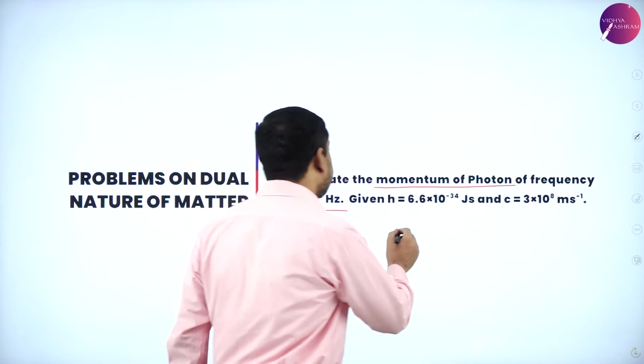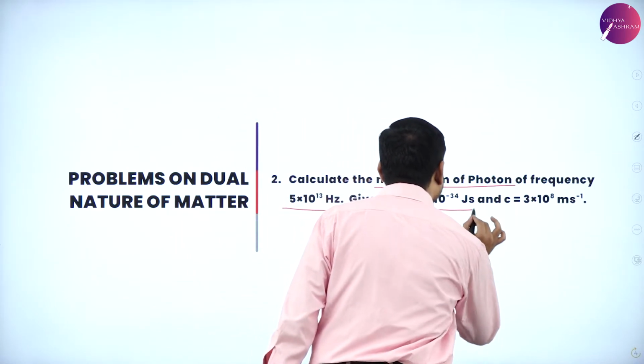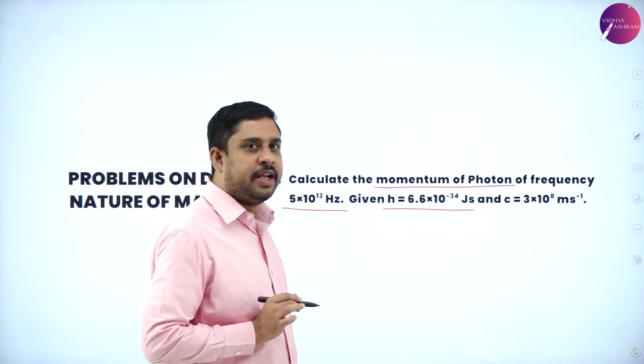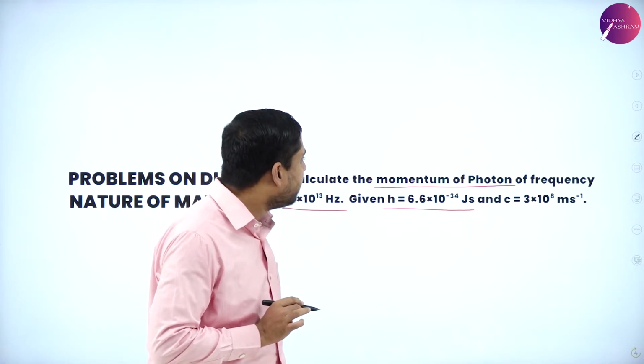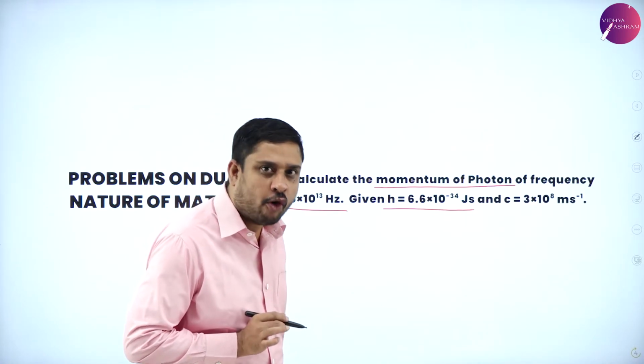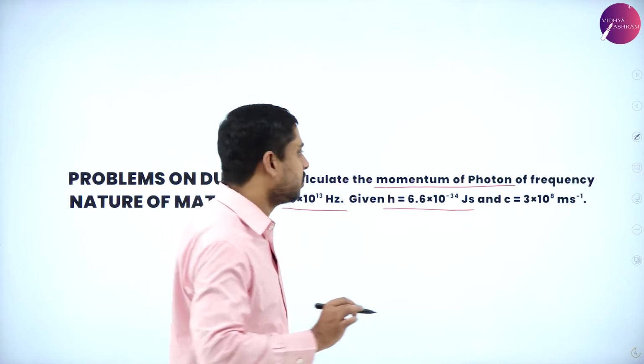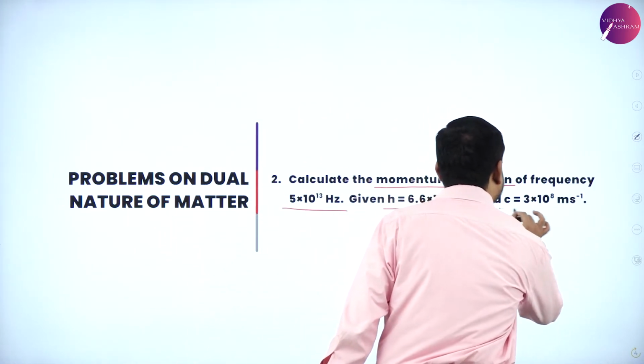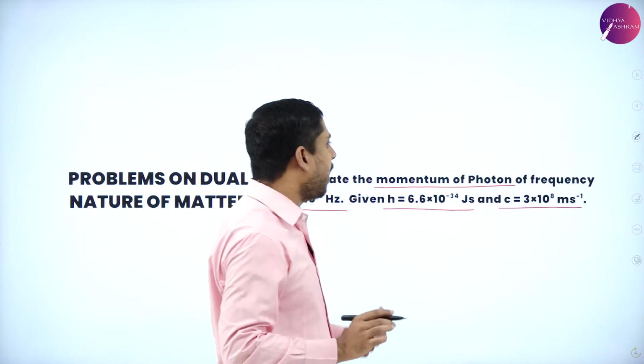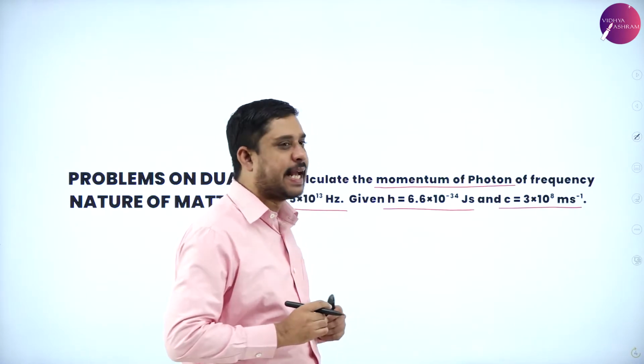Planck's constant 6.6 into 10 power minus 34 joule second. c is 3 into 10 power 8 meter per second.